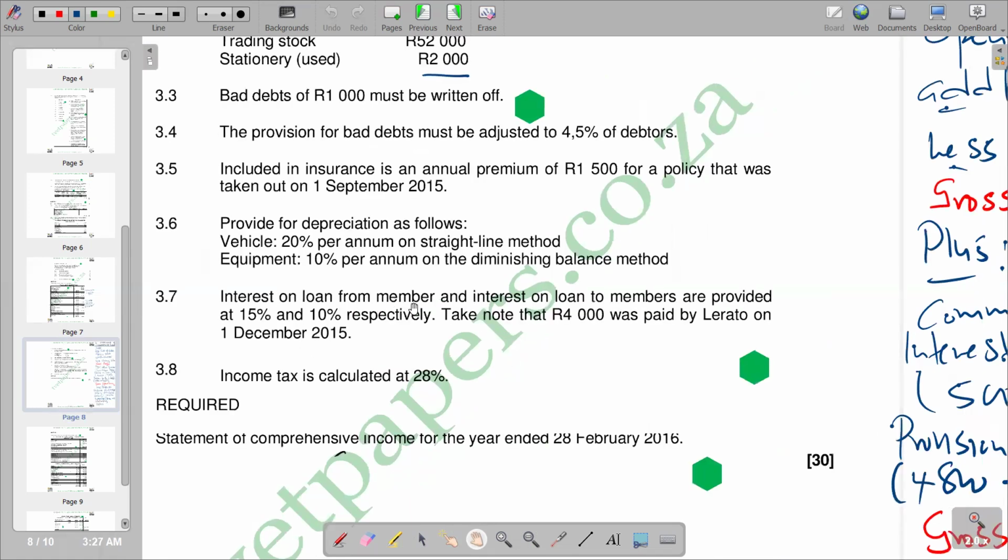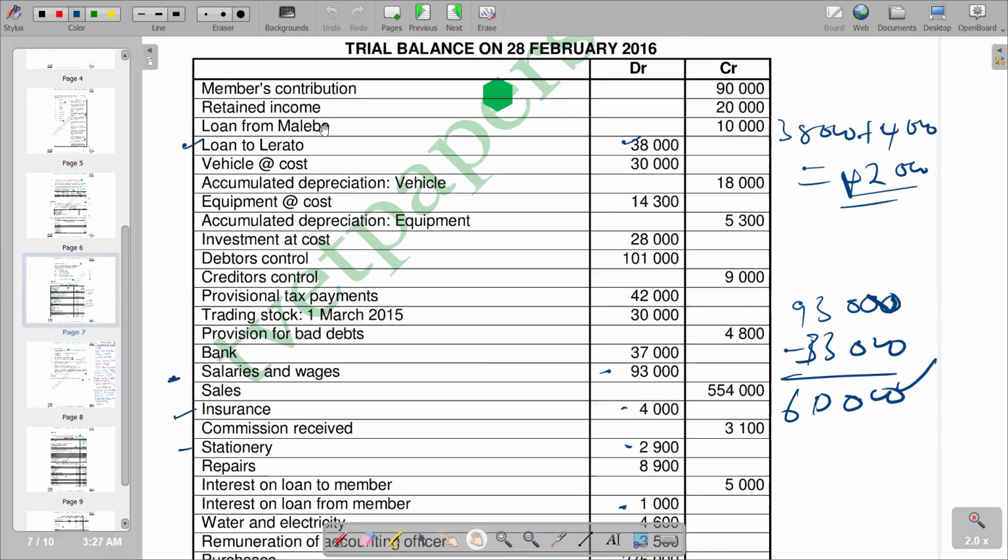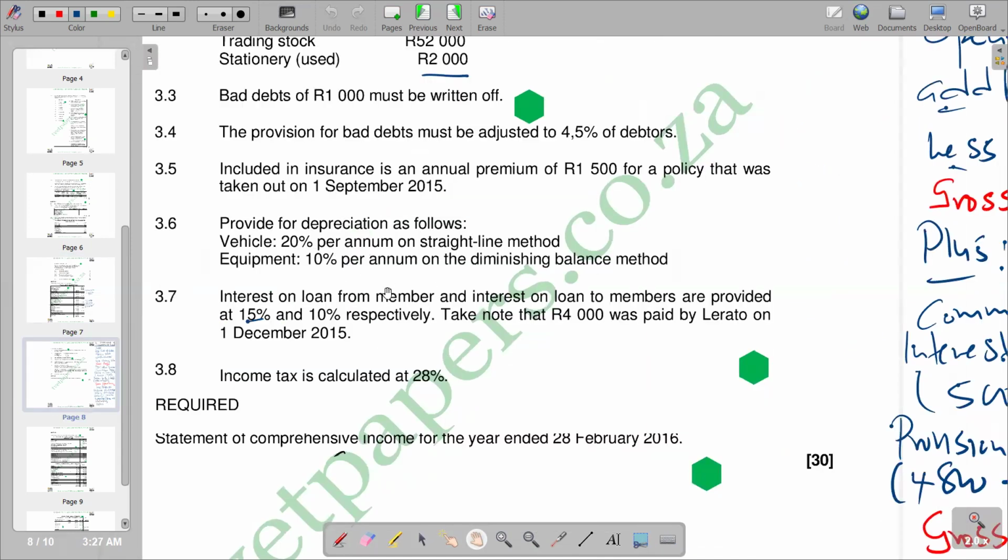You're told that interest on loan from member is 15%. So we're just going to say 15% of the total loan from member, which is 10,000.